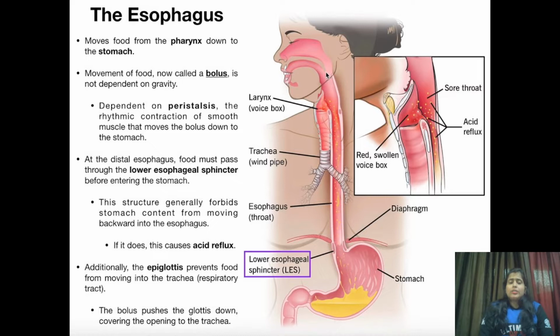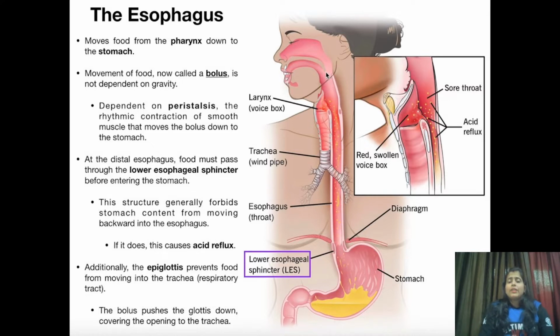These structures prevent backflow of the food particles, and ensure the proper flow. Otherwise our digestive system will be hampered if these structures are not present.